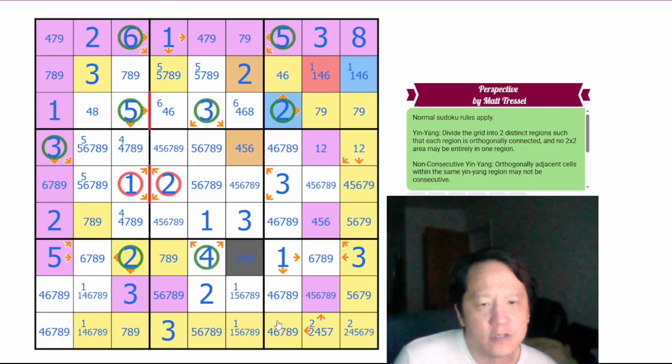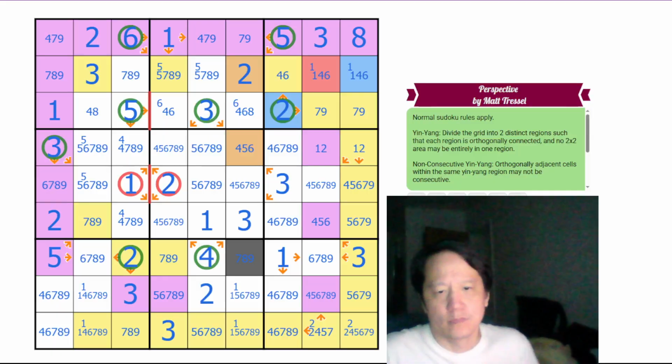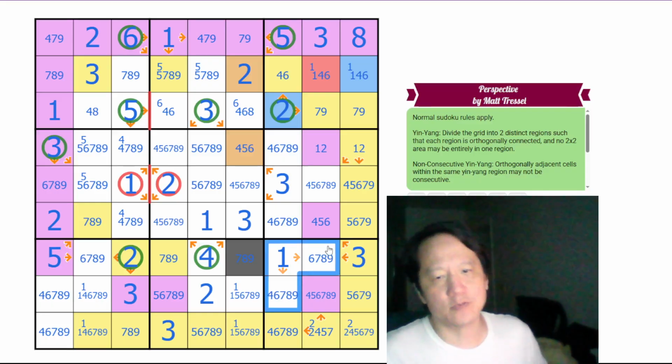4 is done. 1, we don't have very much information yet. 3, we have, this is medium, that's high. And they're different regions, but we don't know which regions. So, one of these is yellow, one of these is pink.